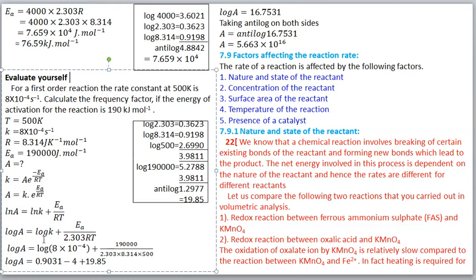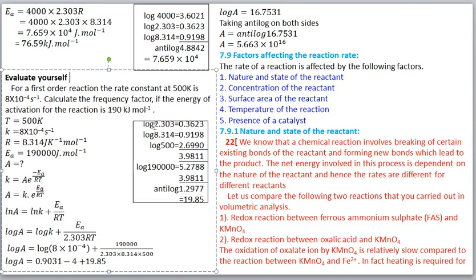Then we can substitute the values. Log A is equal to log K, K is 8 into 10 to the power minus 4, plus EA by, EA is 190 times 1000, that is 1,90,000, divided by 2.303 into R, 8.314, into 500. This value is simplified.